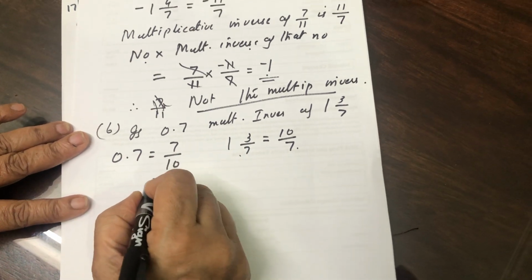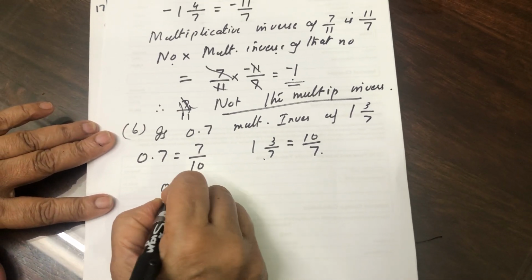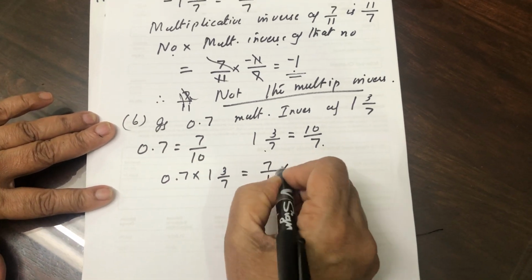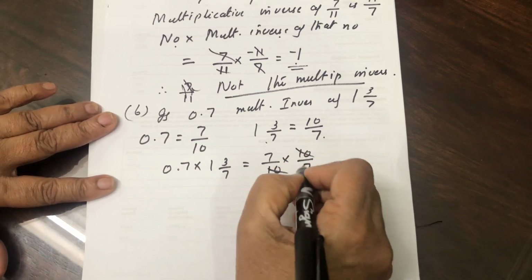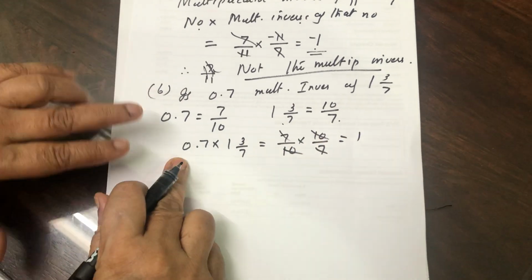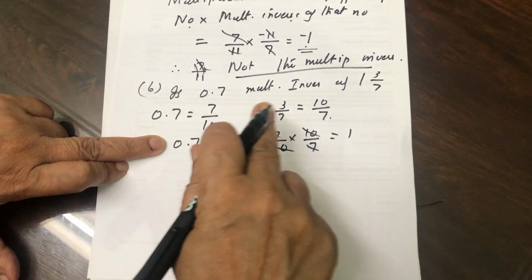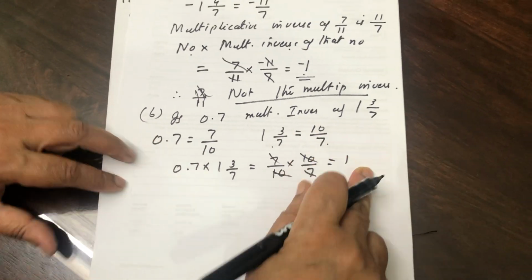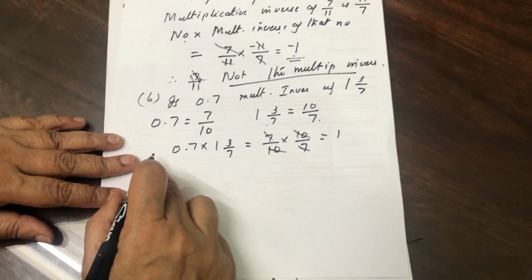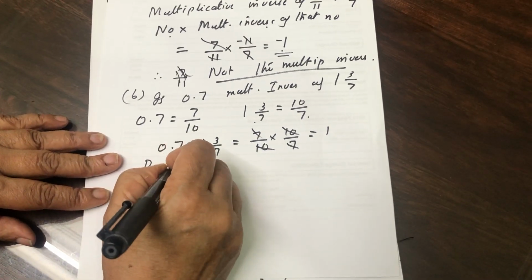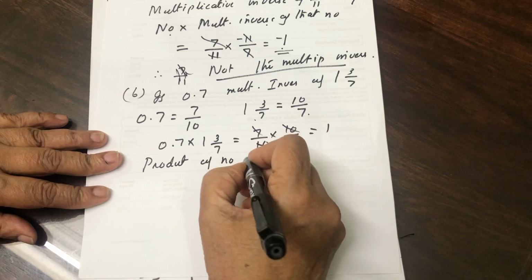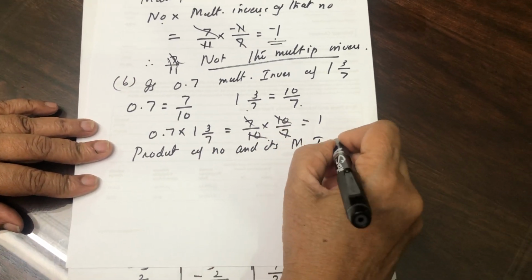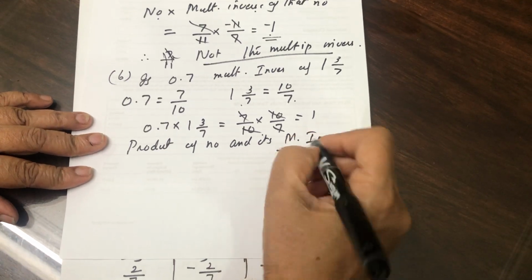So what is 0.7 into 1 3 by 7? That is 7 by 10 into 10 by 7. 10 cancels, 7 cancels. The product of a number and its multiplicative inverse is equal to 1.